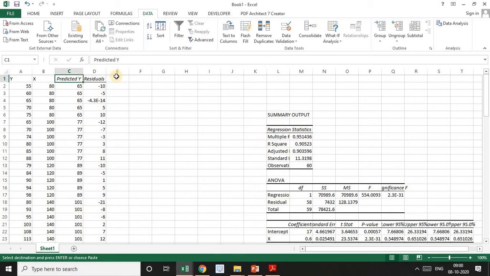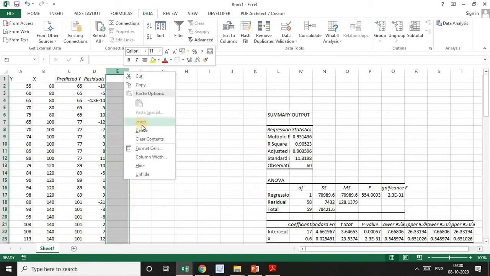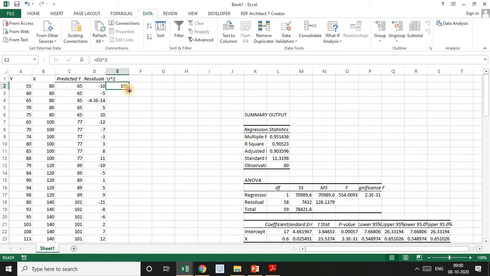Okay, then what we have to do? We have to find out u cap square is equal to, this is u cap, and if you square it, you will get the values.